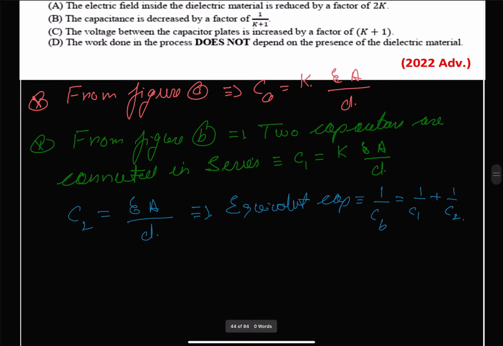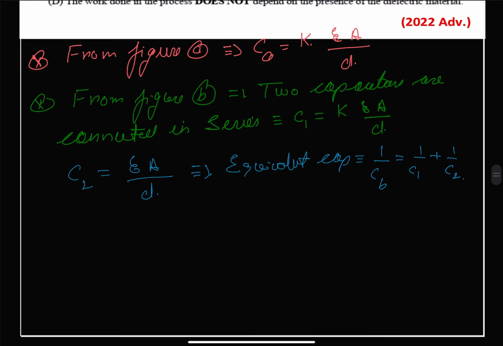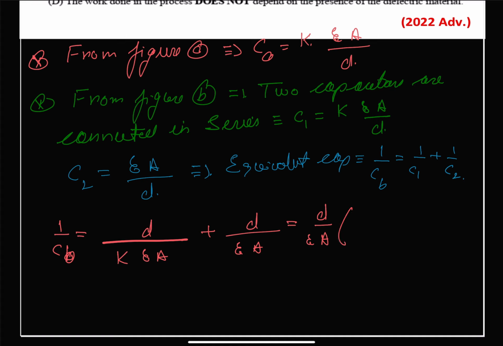We substitute the values: C1 is K epsilon naught A upon D, plus epsilon naught A upon D. So we can take D upon epsilon naught A as common, and this comes as 1 upon K plus 1.